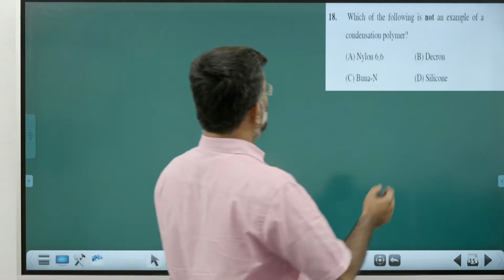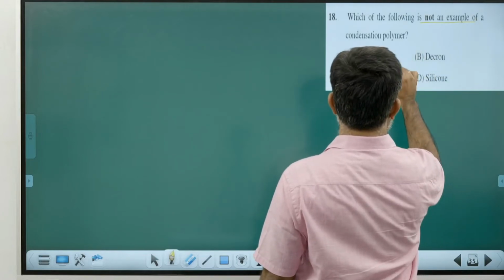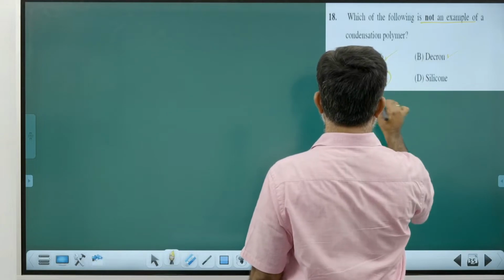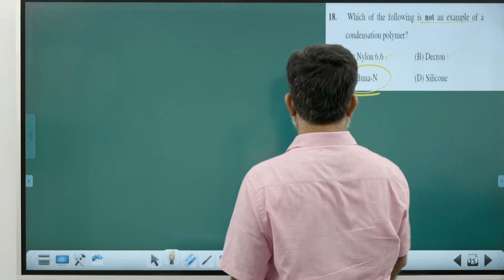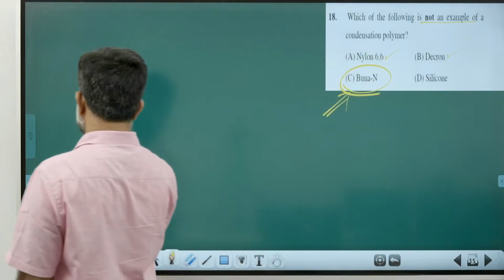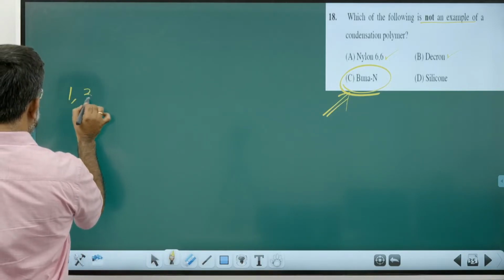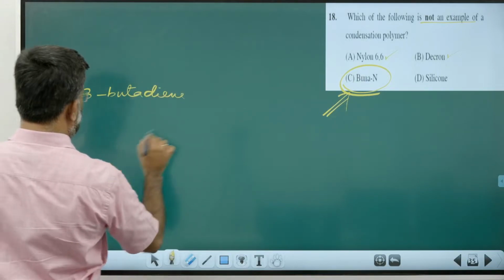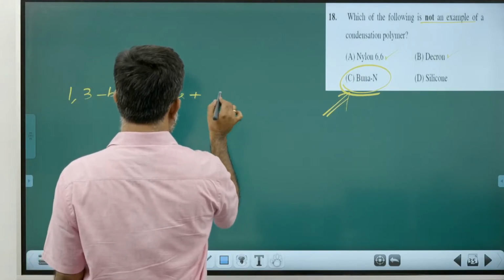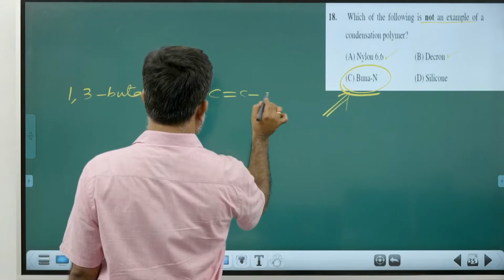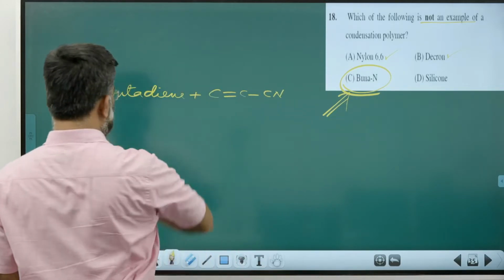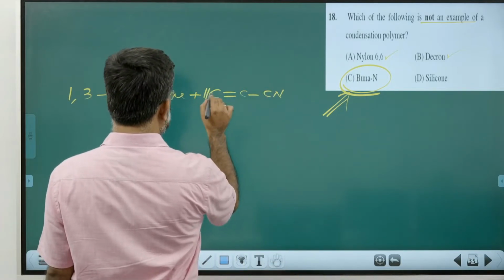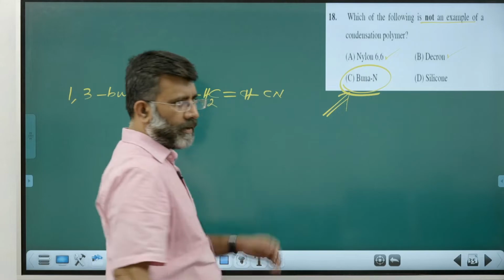Not an example of a condensation polymer. This is a condensation polymer, this is a condensation polymer, and this is not. Buna-N is obtained from 1,3-butadiene plus acrylonitrile, CH2=CHCN.